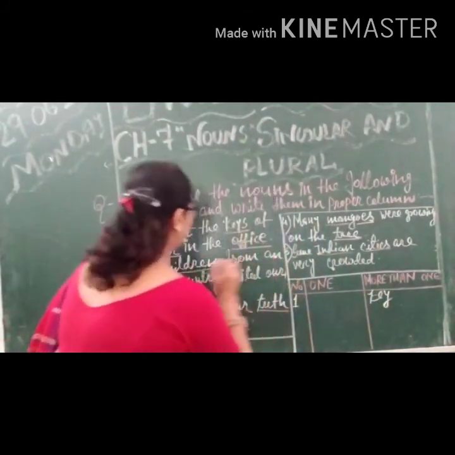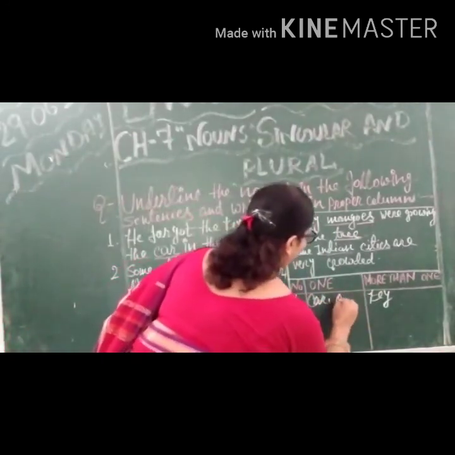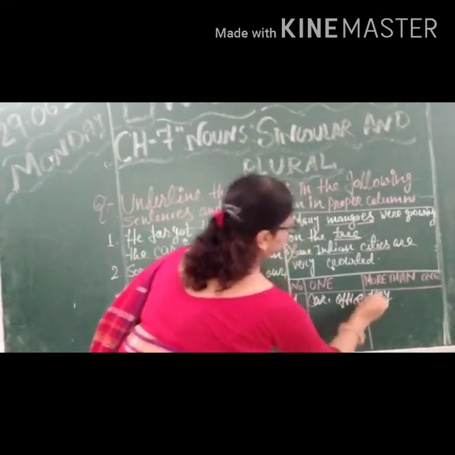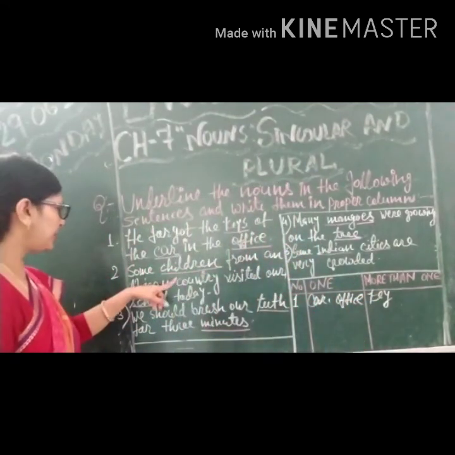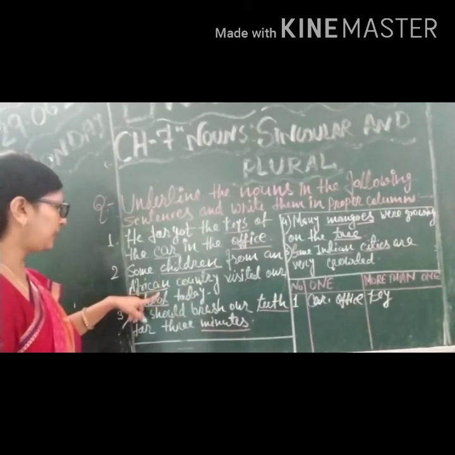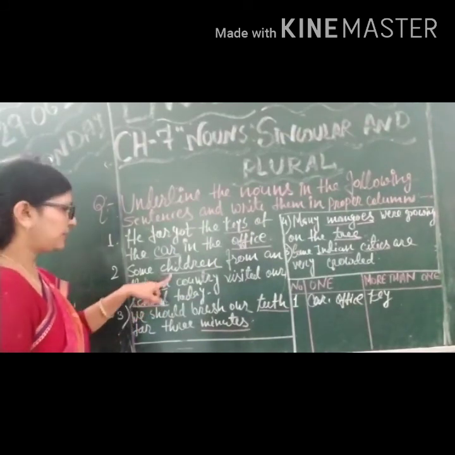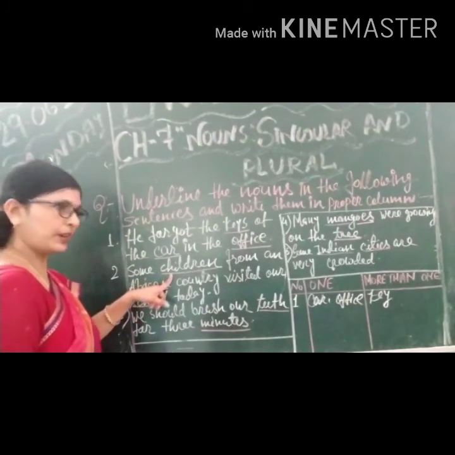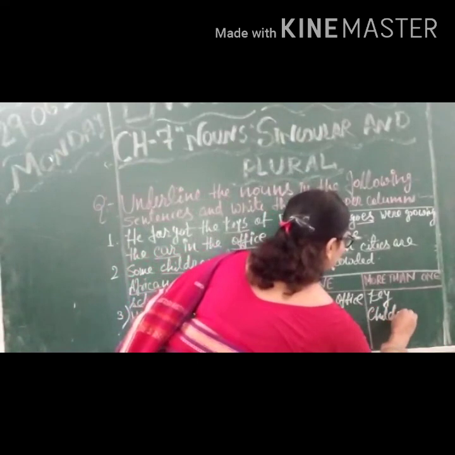This is serial number 1. Car and office in the singular column, and keys in more than 1. Okay. Question number 2. Children and African and school. There are 3 nouns. Here children is known as a plural noun. So first we should write here children.